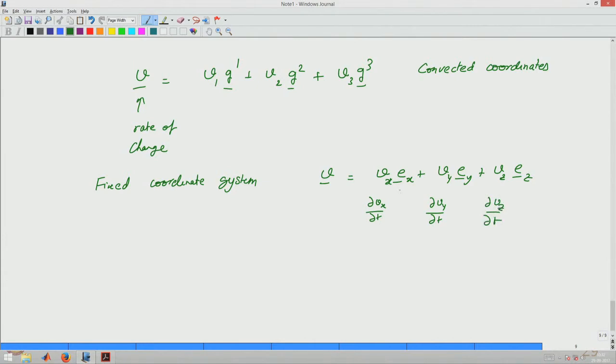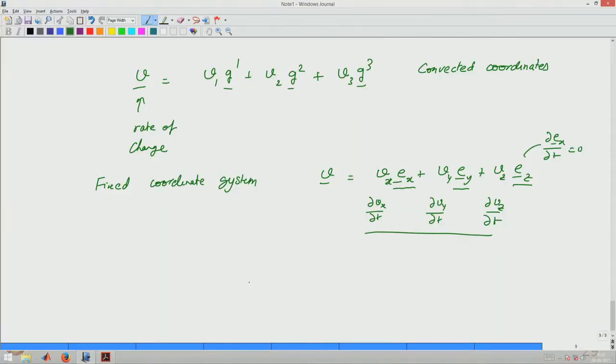And of course, these quantities are fixed, the unit vectors such as this is 0. And so, therefore, when we evaluate quantities in a fixed frame, we may not get physically meaningful behavior that we are looking for.